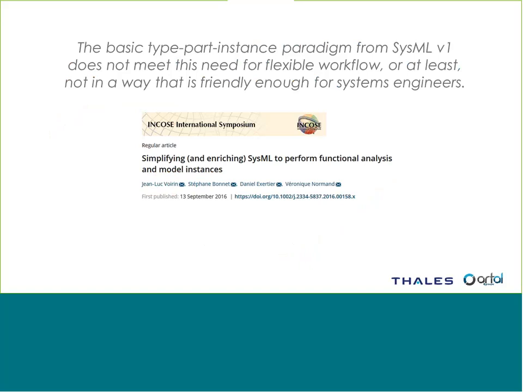The most common way to address this challenge, to deal with definition and usage, is usually to rely on the paradigm of types, parts, and instances. This is what CSML v1, for example, is doing. Our return of experience is that this is not flexible enough.